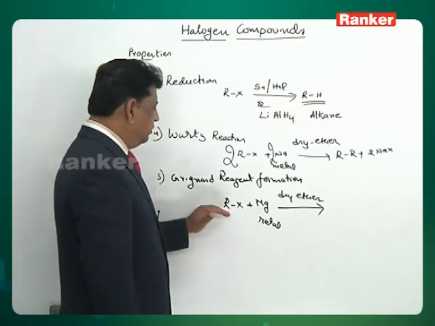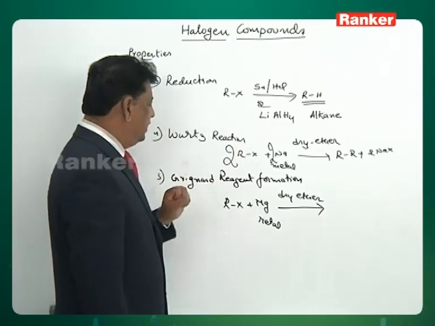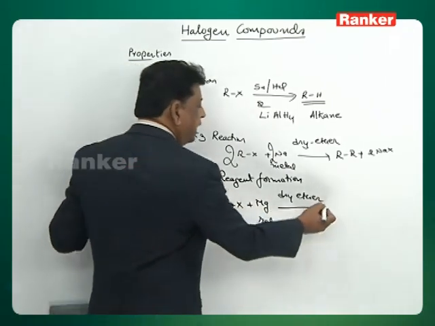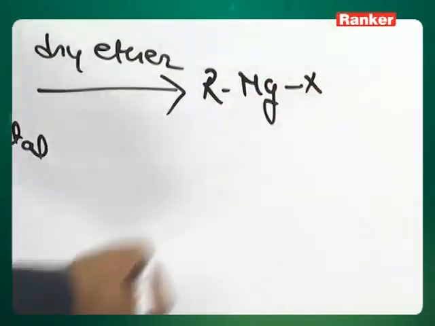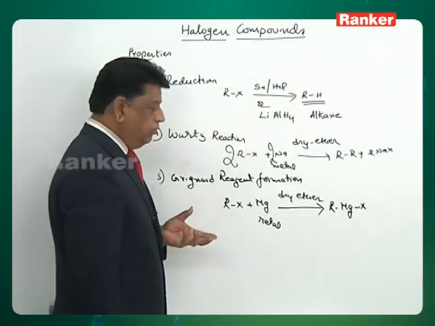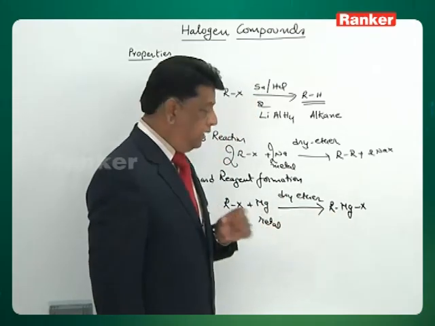Magnesium reacts with RX and forms RMgX, wherein the alkyl group is directly attached to the metal. Organic and metal together is called an organometallic compound.